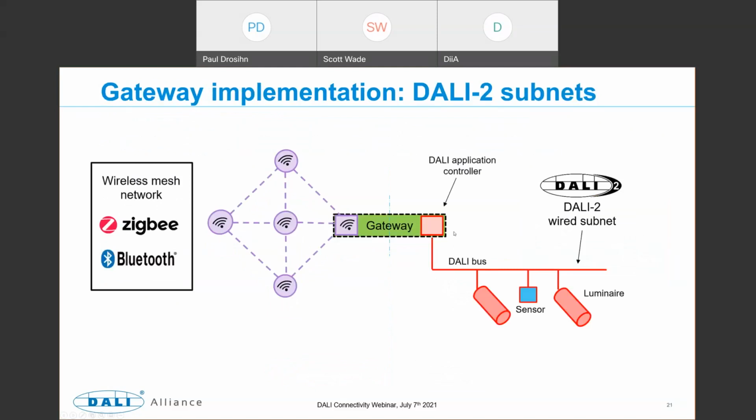So in this one, on the DALI side, we've got a DALI 2 wired subnet. So we've got a single DALI bus with devices which could be luminaires with control gear, and we could have sensors. So you can have the usual DALI components. There has to be a bus power supply as well. It may be built into the gateway, or it may be elsewhere on the network. Just the usual rules apply.